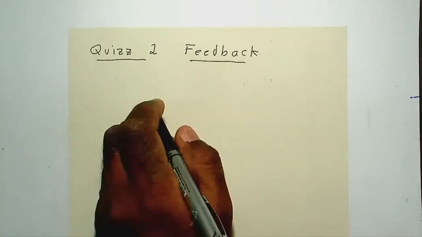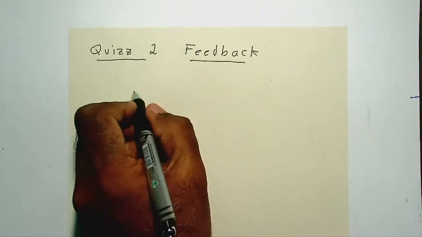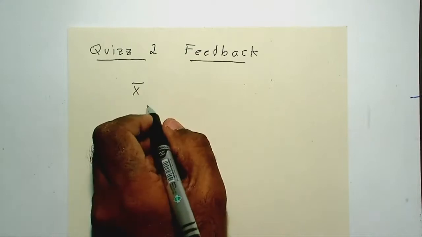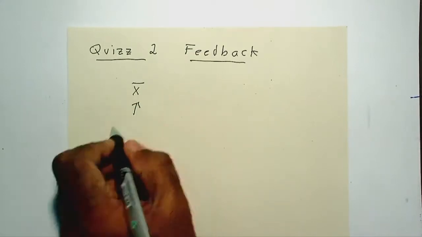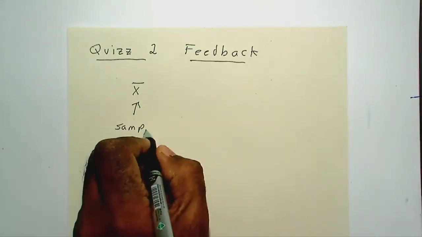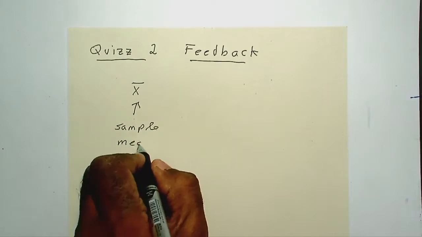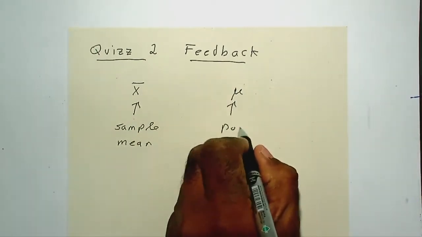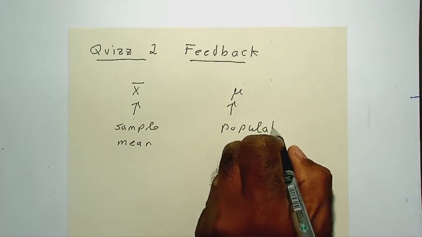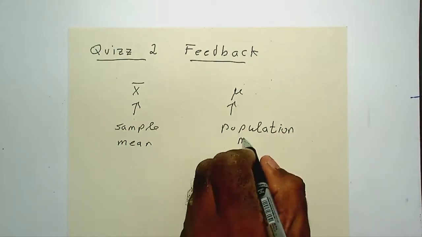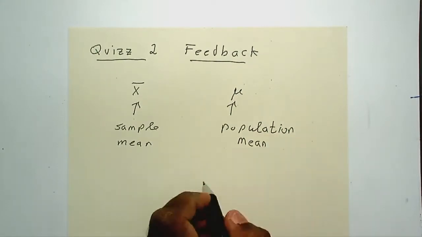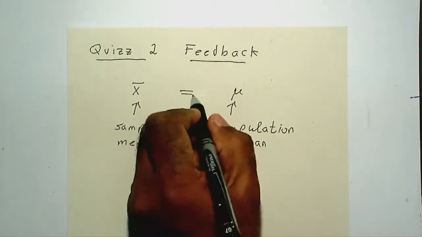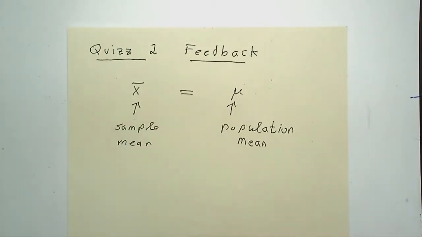I noted that some of you said that x bar, remember x bar is the sample mean, and mu is the population mean, are equal, which I never taught in this class. Did I ever teach you that x bar is equal to mu?